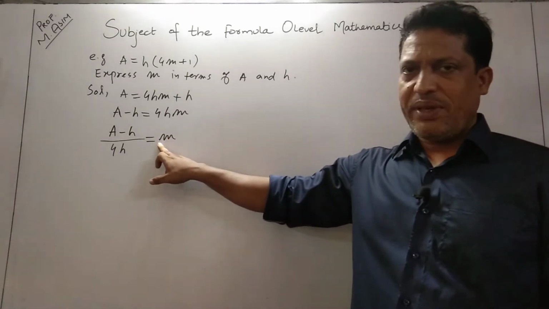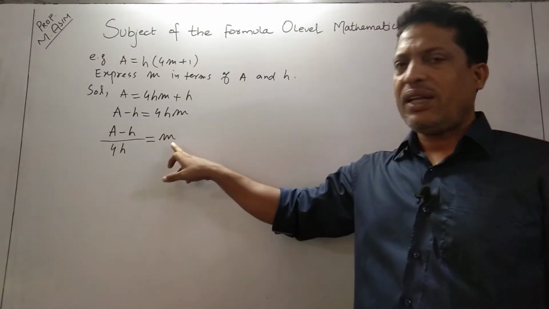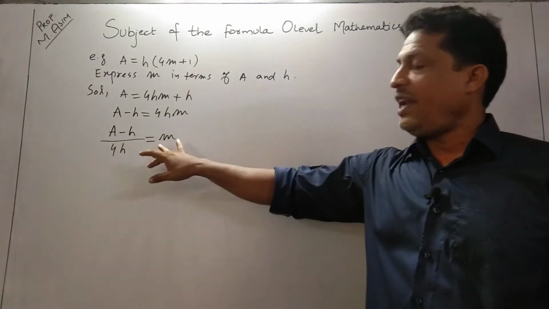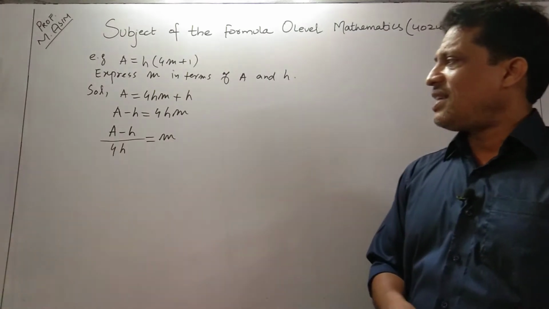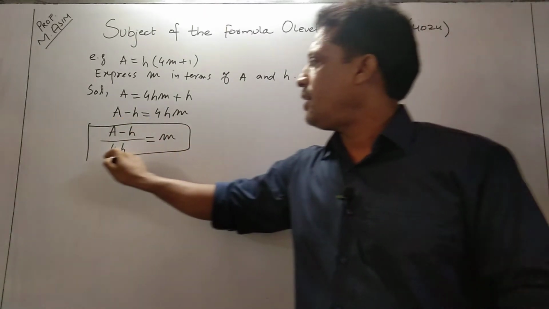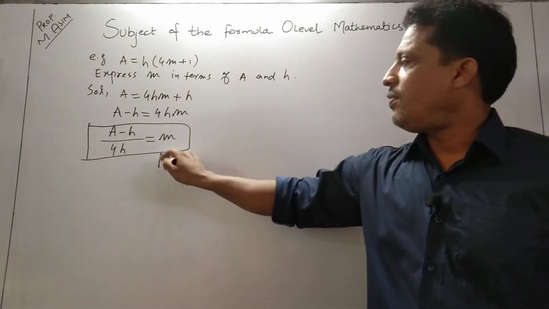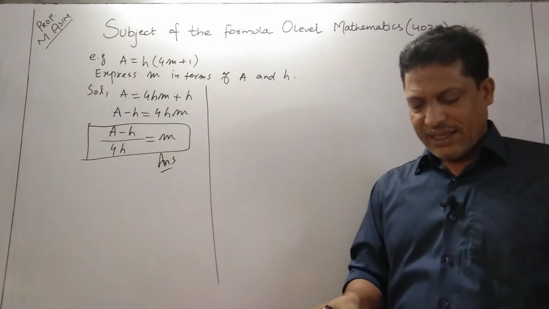The coefficient of m is 1. The exponent of m is 1. The denominator of m is 1, because if we don't see any number, it means there is always 1. Hence, our requirement has fulfilled. m is the subject of formula. This is our answer.